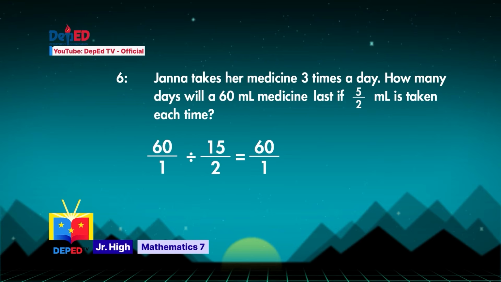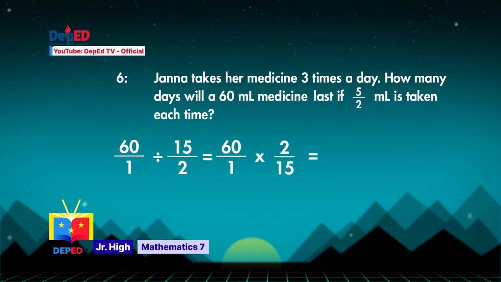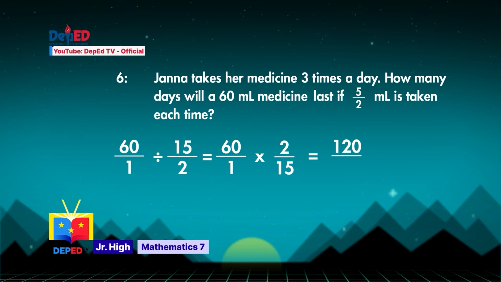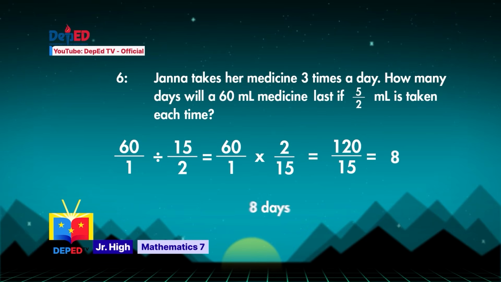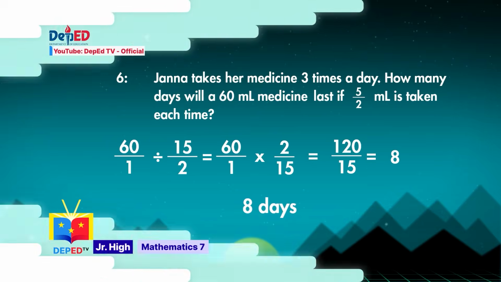The reciprocal of 15/2 is 2/15, and the unit will be day over ml. So the unit ml will be cancelled out. 60 times 2 is 120, and 1 times 15 is 15. So we will have 120/15 days. In lowest terms, that would be 8 days. The medicine will last for 8 days.